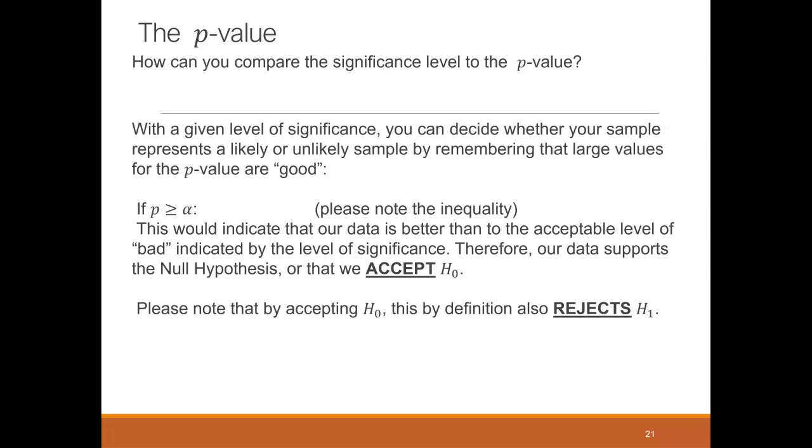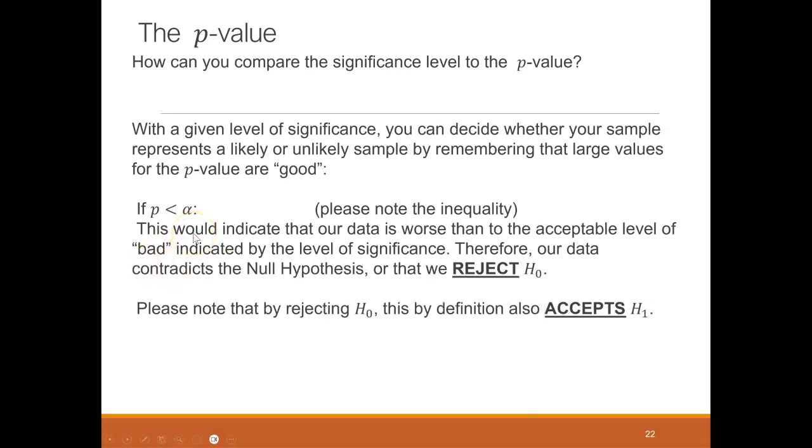So if the p is greater than or equal to, note the or equal to, the level of significance, we accept the null and reject the alternative. And in the opposite case, if p is less than the level of significance, we reject the null and accept the alternative. Got to have those two memorized.